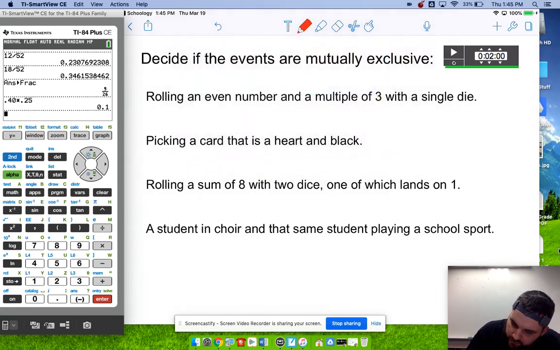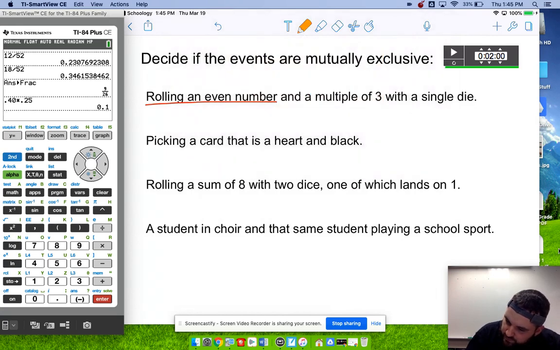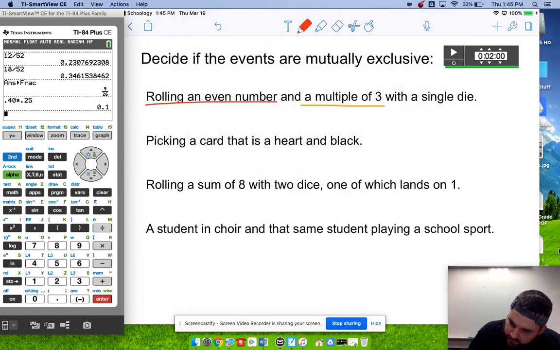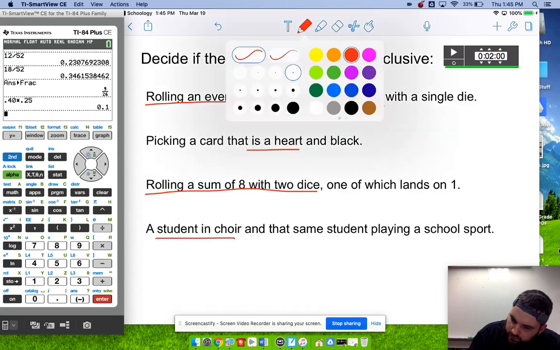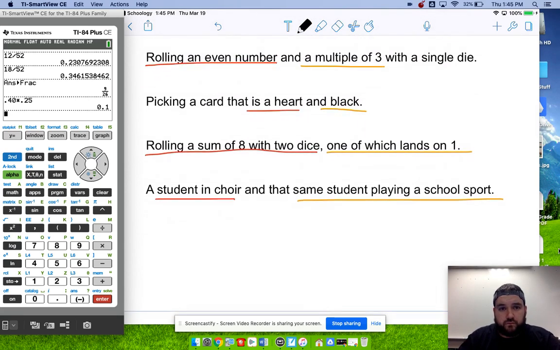To organize this, I'm going to go ahead and underline the two different events, just so I can, that is a heart, sum of 8 with 2 dice, a student in choir. So if you can differentiate between what is event 1 and what is event 2, then this is a little bit easier to decide, are they mutually exclusive or not.